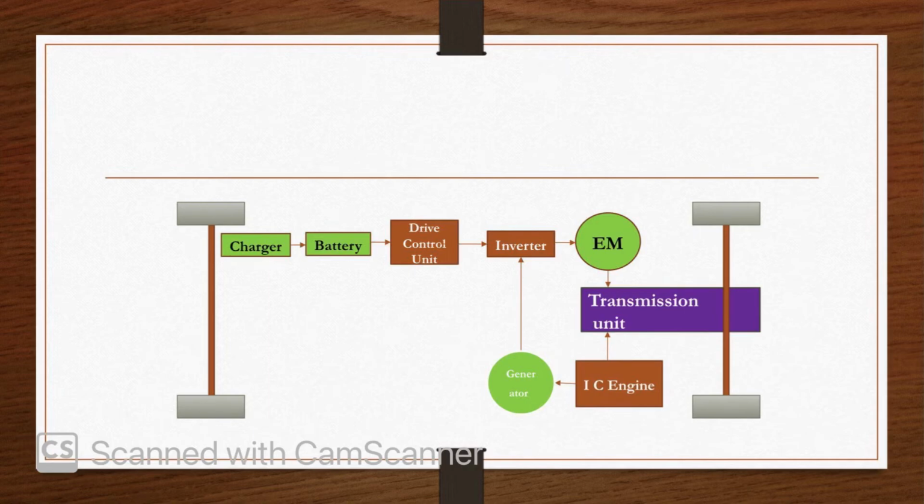Then the second series connection is from the IC engine to generator to inverter to electric motor to transmission unit and to the wheels. So moving forward, we will see the parallel connections. There are also two parallel connections, first from the battery to the electric motor to the transmission unit and to the wheels. Then the second parallel connection is from the IC engine to the transmission unit to the wheels.